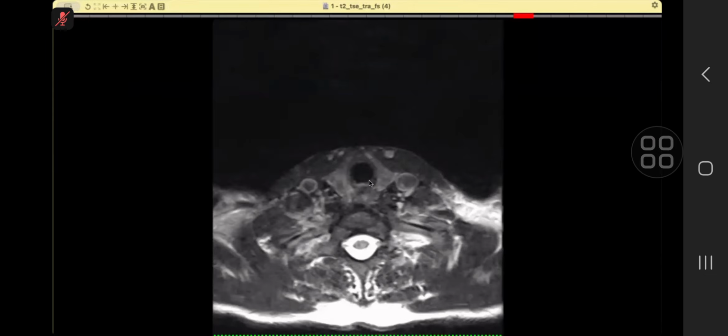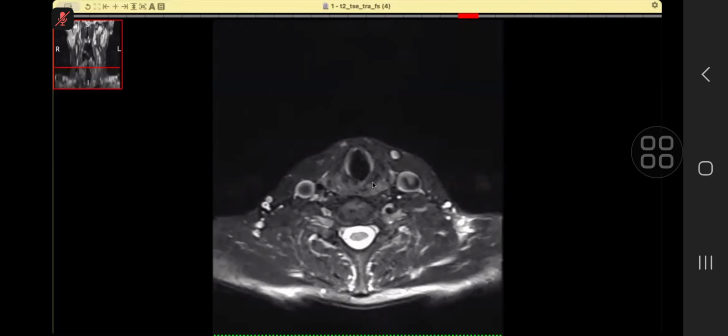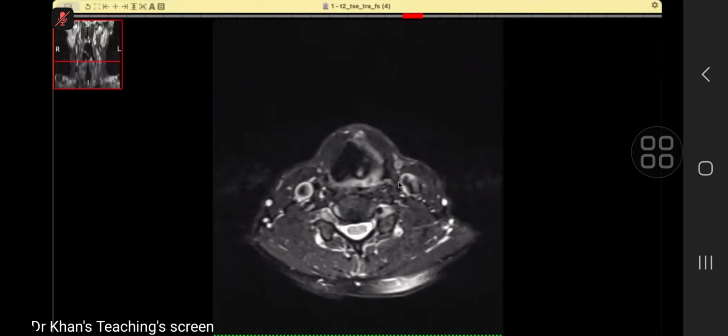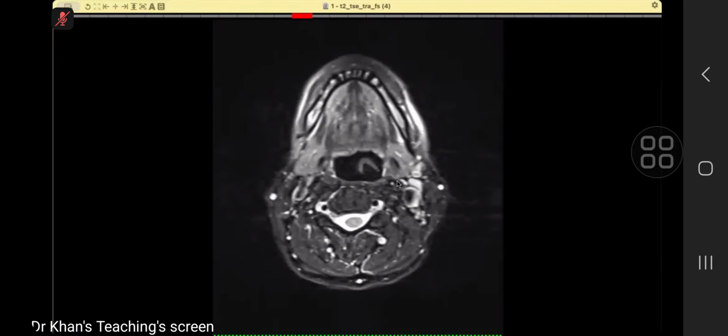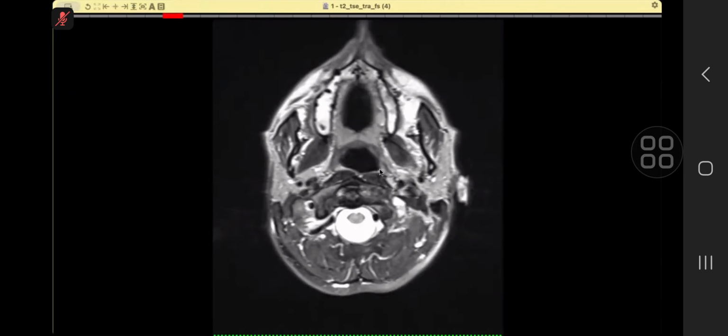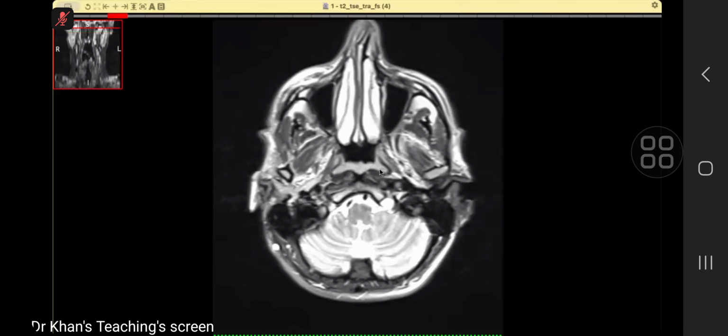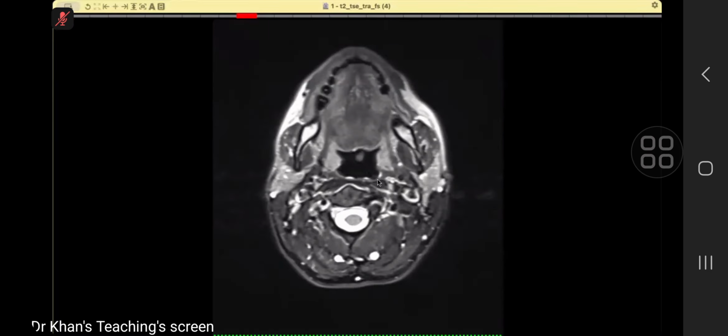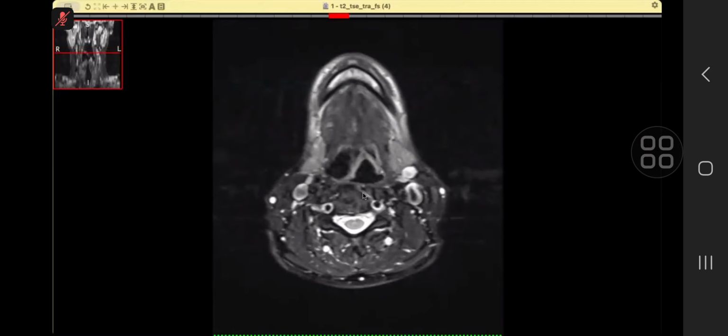The thyroid gland also is in its normal bed, however, shows slightly mixed intensity parenchyma. I'm looking for any enlarged lymph nodes. There is no significant lymph nodes.